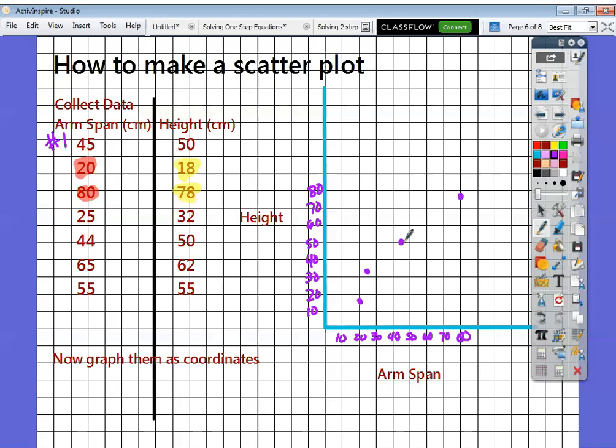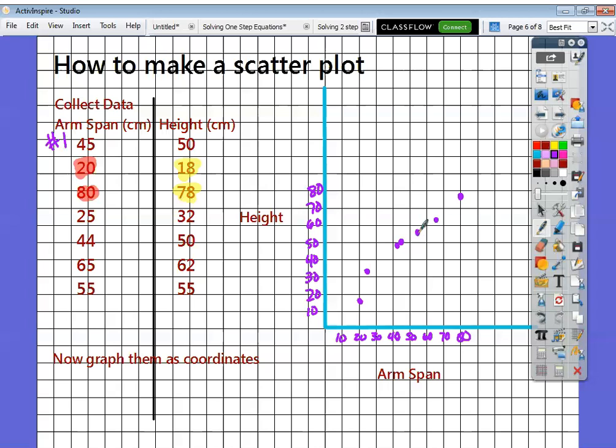Oh, no, I'm sorry, that was 45 and 50 already there. So 44 and 50 might be right about there. All right. Next, 65 and 62, right about here. And last but not least is 55 and 55.